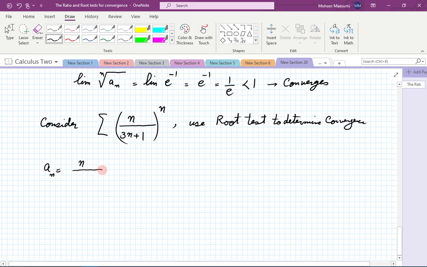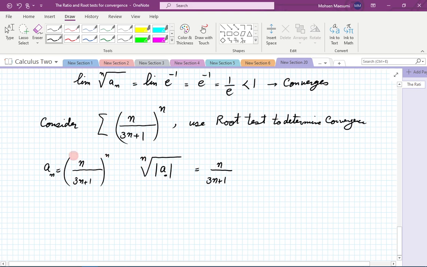I have the nth term to be the following. What is the nth root of this? Now in reality I have to take the absolute value, but here everything is positive, so nothing is gained by taking the absolute value. But anyway, if I take the nth root of the nth power, I just get the item in the base, so that's going to be n over 3n plus 1. So in this case we had it really easy.